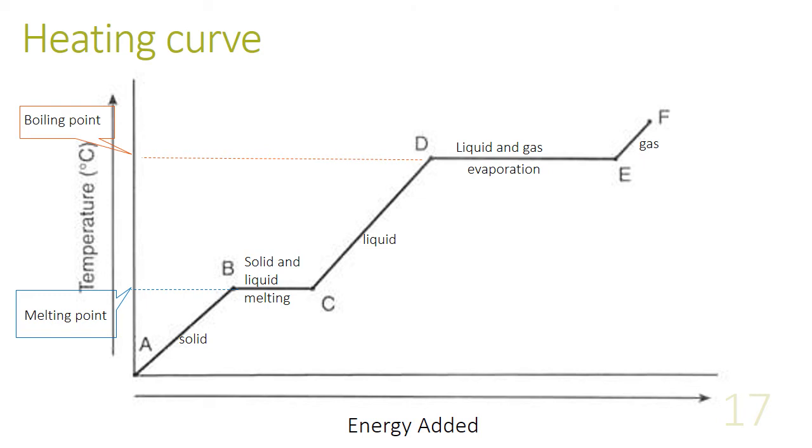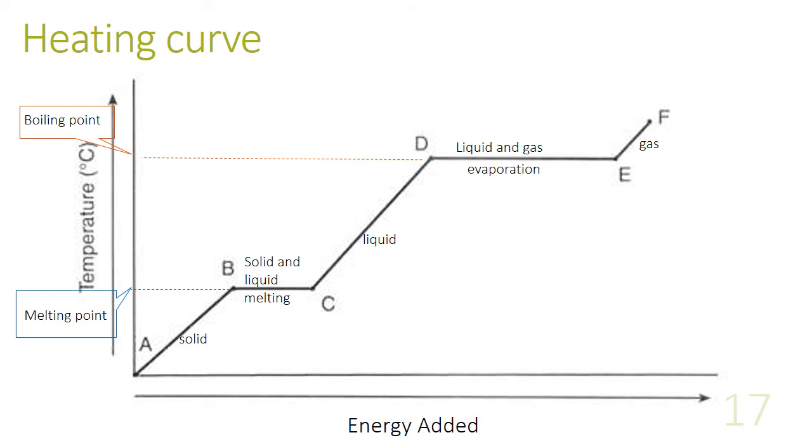Now when we get to point B, that's the melting point. When we hit B, the molecules are moving fast enough that they are starting to pull apart from each other, which is melting. So from point B until point C, we have both solid and liquid present, because as we add energy, rather than making the molecules move faster, the energy is pulling apart those attractions, and so the molecules are moving farther apart.